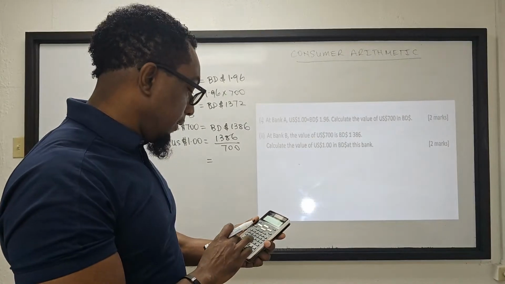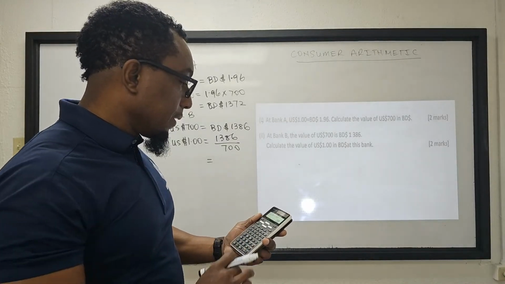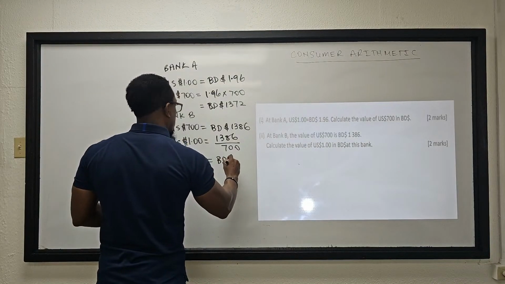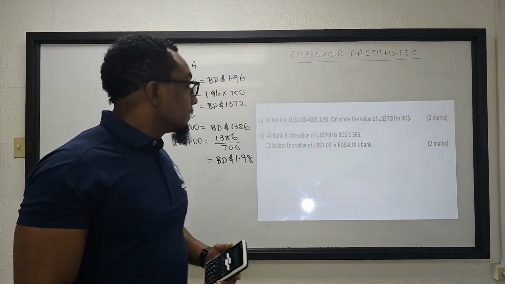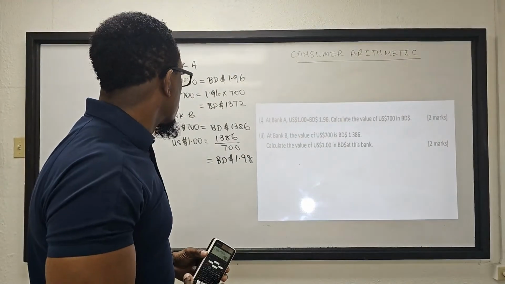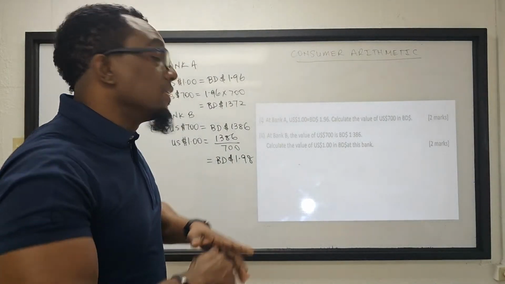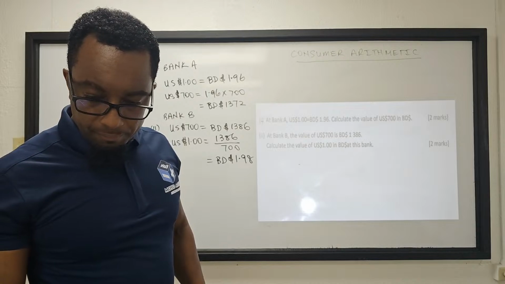So this will be 1,386 divided by 700, which will give us Barbados $1.98. Alright? So we want to make sure we're clear on our foreign exchange. You see this in an exam, easy marks in the bag, right? Let's look at another.